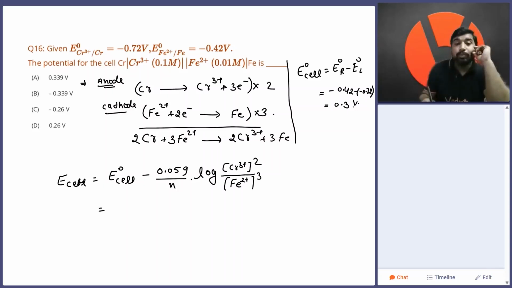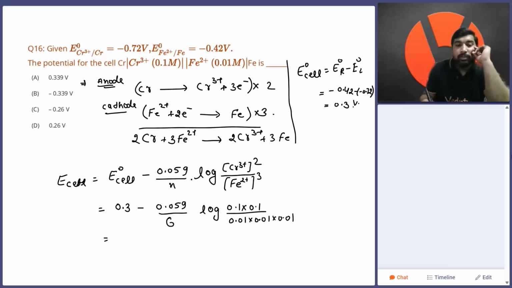Now we just need to put the values. E cell is equal to 0.3 minus 0.059 divided by 6, log of, the concentration of Cr3+ being 0.1, 0.1 divided by 0.01 into 0.01 into 0.01.